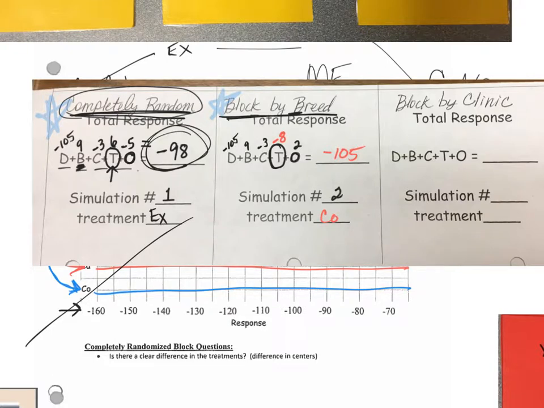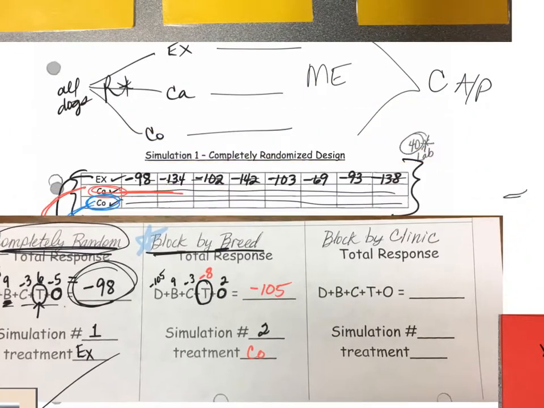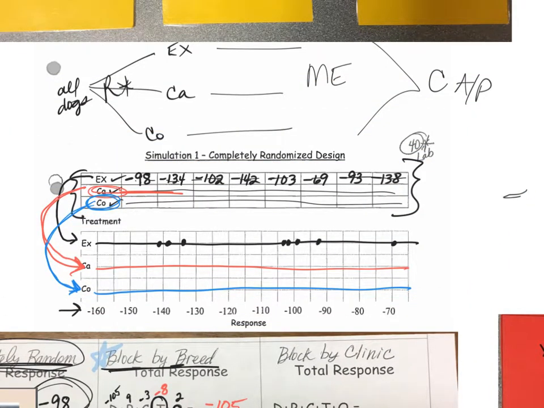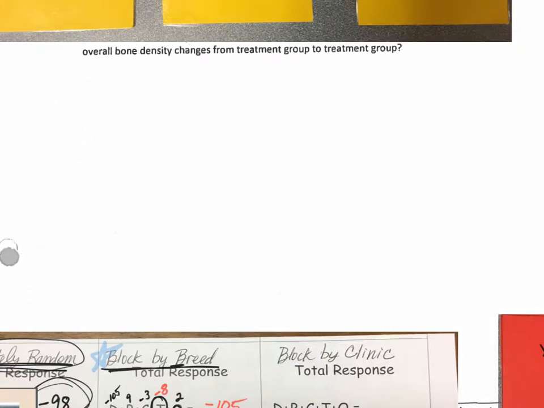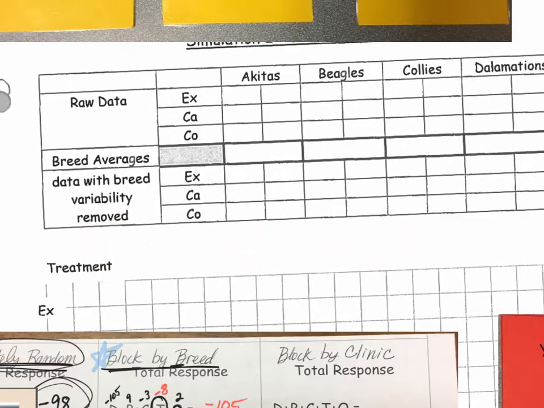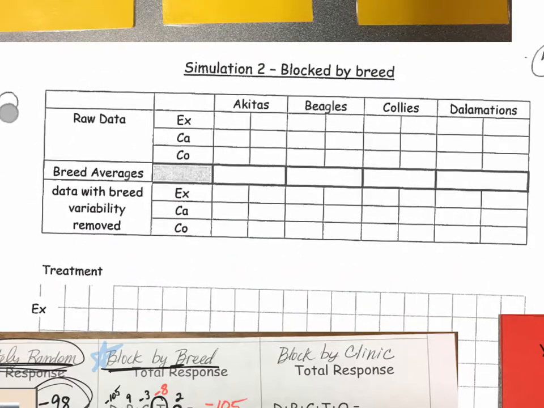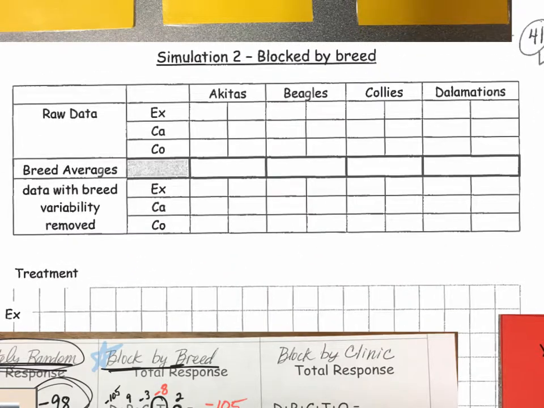So after I have my piece of data, I am sitting with my other Beagles. We are blocked by breed, so I am sitting with all my Beagle people. And we're going to be filling out this section right here.